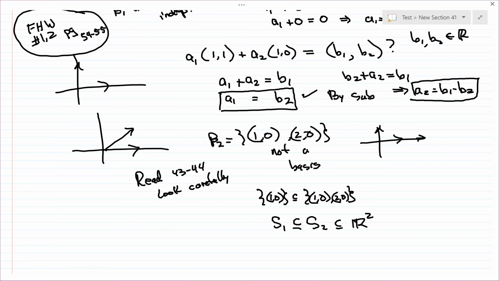Now, could it work? Sure. Could it be that this would be dependent and this would also be dependent? Yeah, and the easy example of that would be (1, 0), (2, 0), (3, 0). That could be your S2. And this could just be (1, 0) and (2, 0), right?